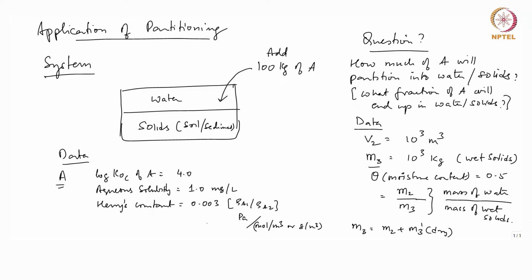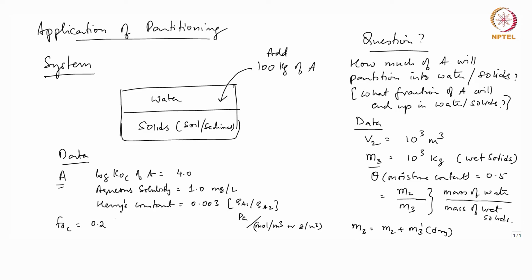All right. Then we also have additional data about the soil sediment itself. We need FOC, the fractional organic carbon in the solids. Let us say it is 0.2. 20% of the solids is organic carbon.